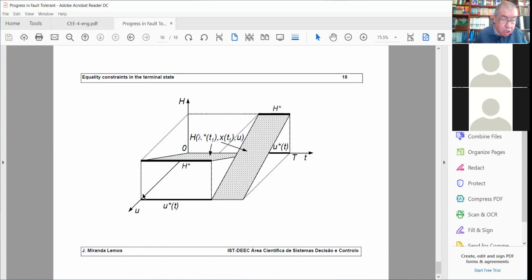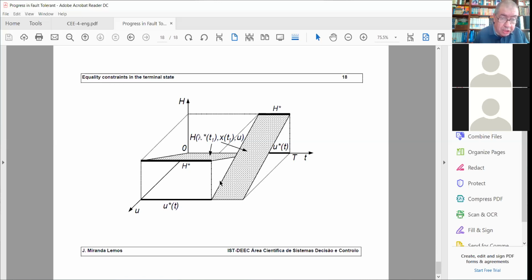So your control is u bar up to some switching instant. And the Hamiltonian along this value for u and for the optimal x and the optimal lambda is given by this straight line here. Now, you reach a point which depends on the relation of lambda with respect to 1 or to capital T.